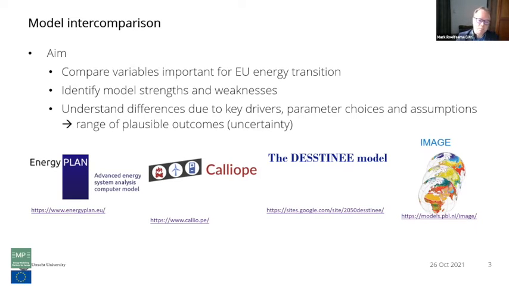But even more importantly, it also gives insights into understanding the differences of key drivers and parameter choices and assumptions. So at the end, we hope to get some kind of range of plausible outcomes that could at least give some indication of the uncertainty of different futures that we present, and that are possible for the EU transition to a low carbon economy.